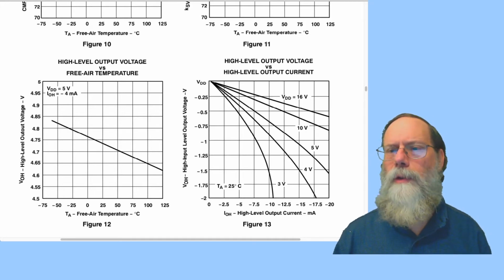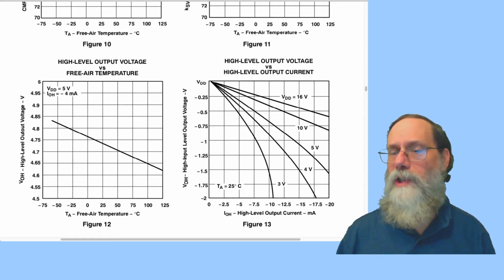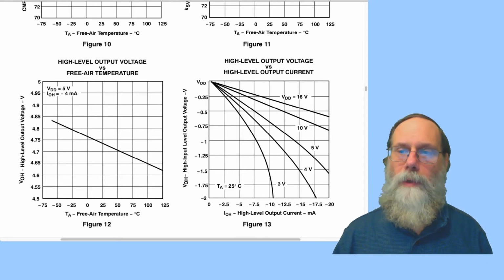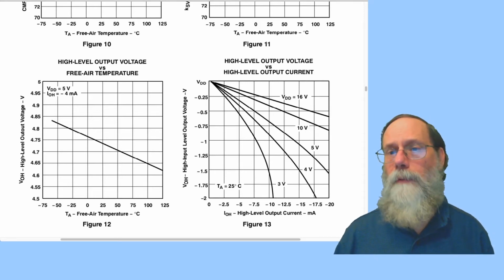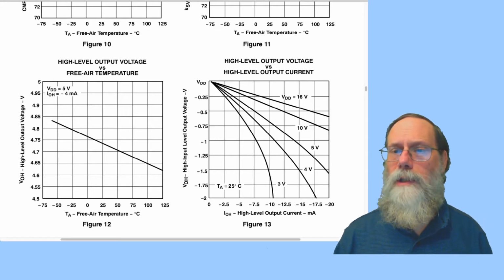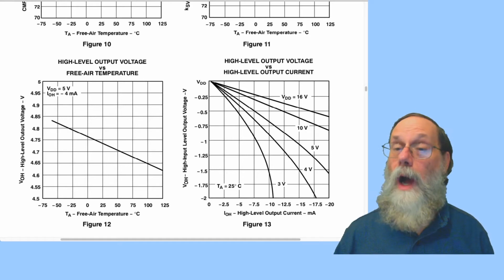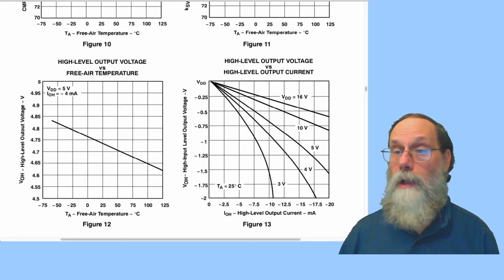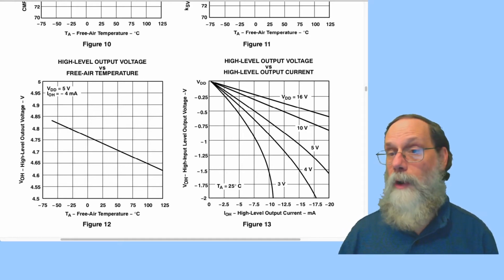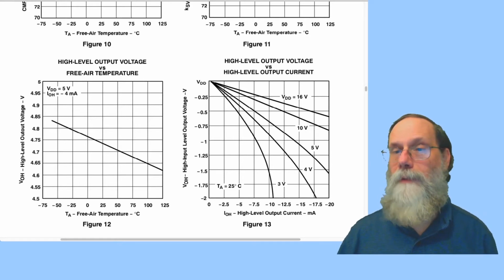When you get down to only a 3-volt power supply, we start to see saturation on the current. The current doesn't keep going up with the voltage, or doesn't go up as fast anymore. But at 5 volts, we're still running mostly in the linear region, at least up to about 12.5 milliamps. So we can estimate the on resistance by taking the voltage drop across that PFET divided by the current through the PFET.